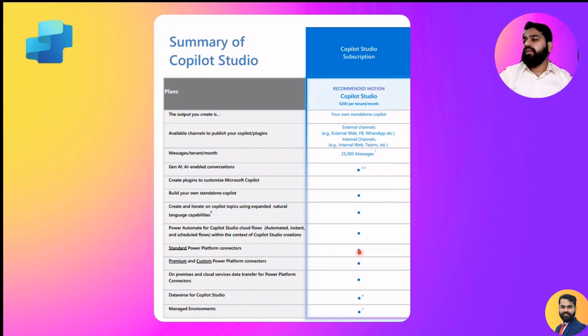Nothing different than that. On-premises data gateways, yes, users will be able to access. Dataverse for Copilot Studio, yes, those are also included. So this particular Dataverse capability is also included. For managed environments, admin and governance capabilities also will be available in this particular case.